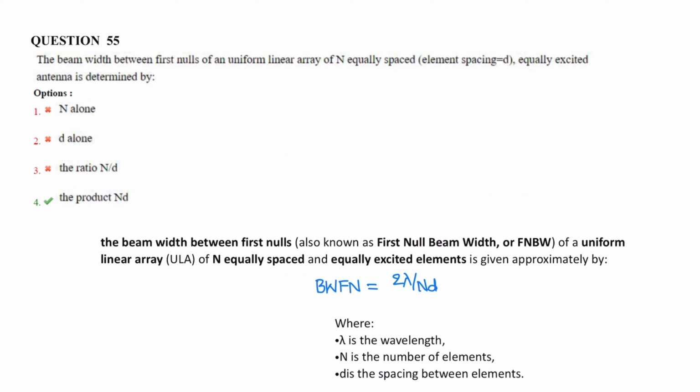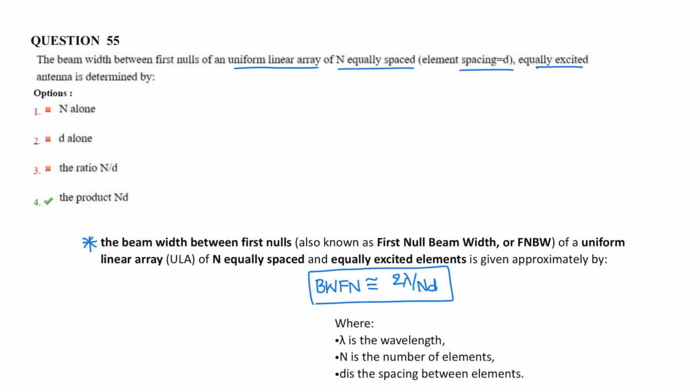Next question. The beam width between first nulls of a uniform linear array consisting of n equally spaced elements, separated by distance d and equally excited, is determined by: the first null beam width is approximately equal to 2 lambda by nd, where lambda is the wavelength, n is the number of elements, and d is the spacing between the elements.